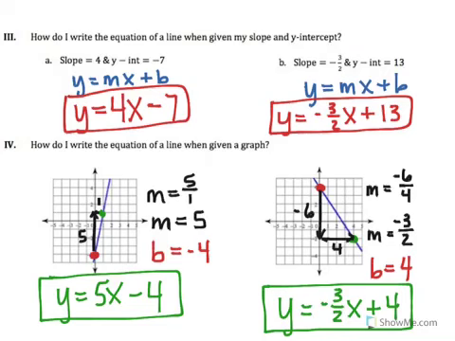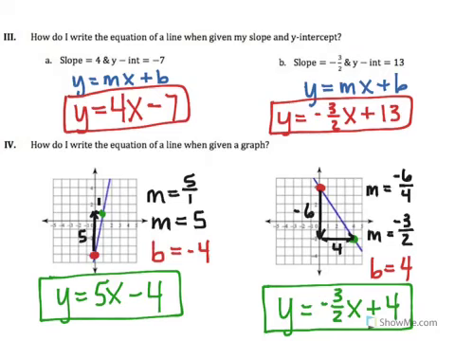Now, before we move on to the last part, I need you to make sure that anytime you are finding your slope from a graph, you pay attention to the scales of your axes. Your axes do not always go by ones. I can count by 2s, by 10s, by 50s, 100s, 1,000, or by 0.5.